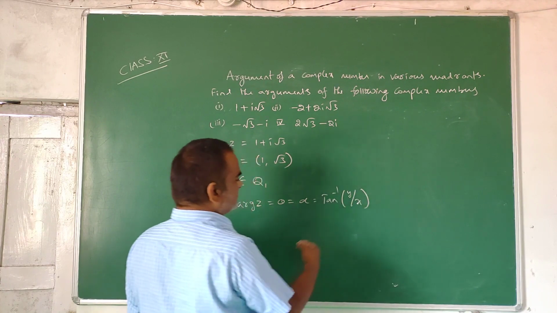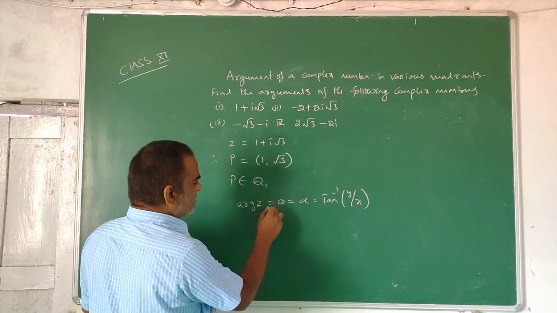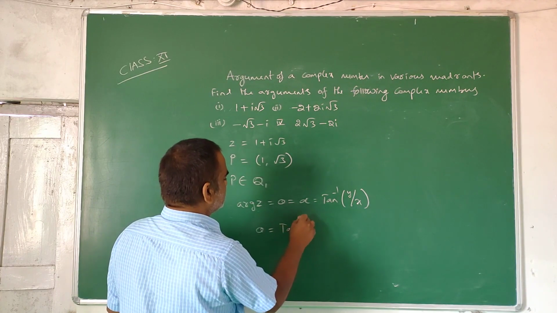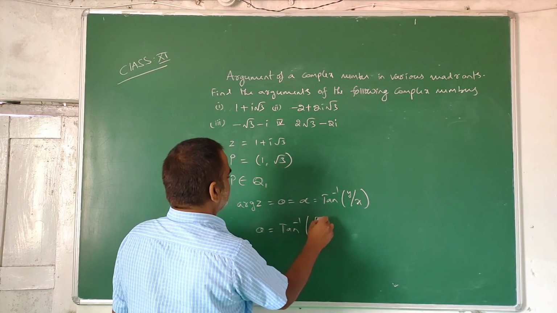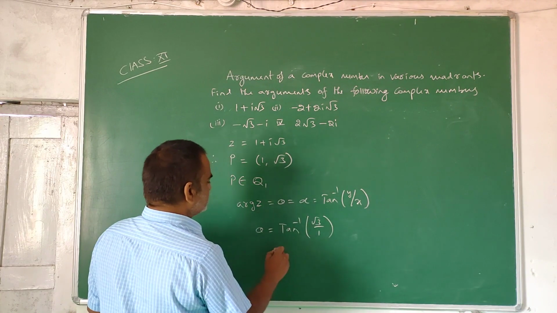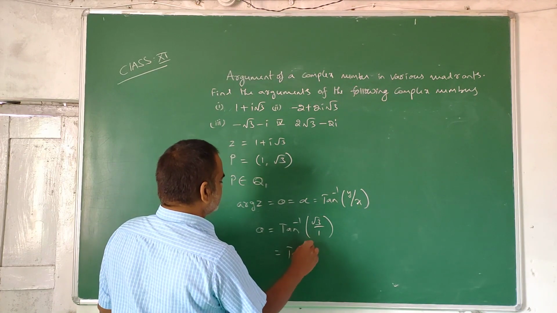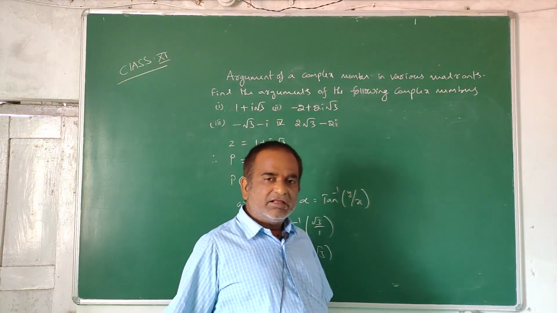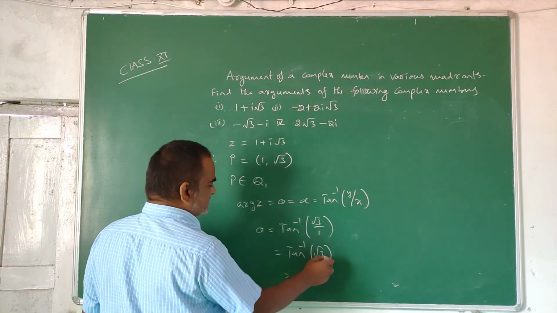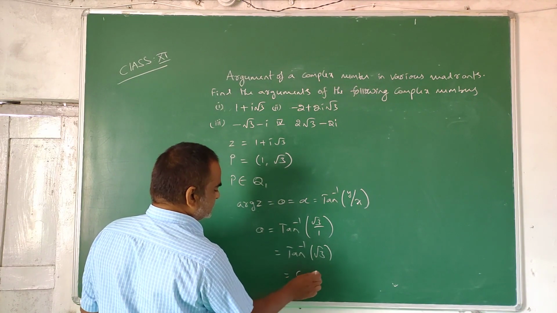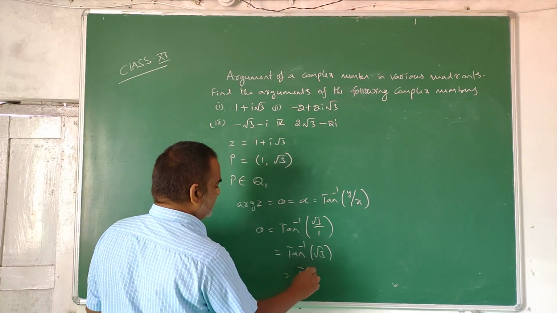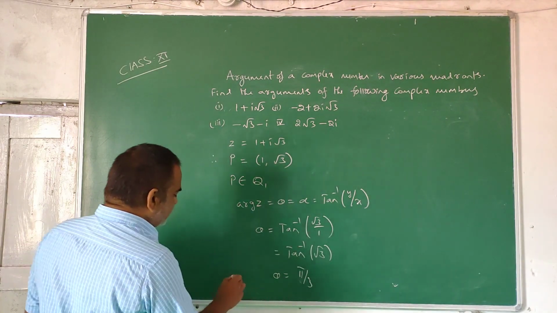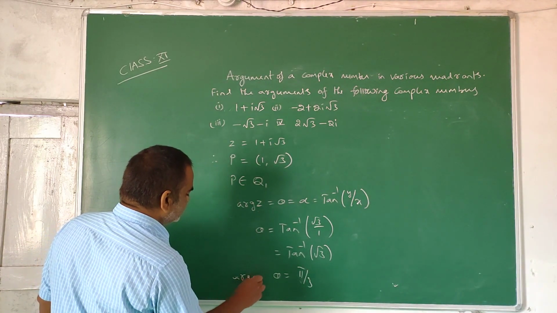We have learned this just now. So theta is tan inverse of y, root 3, by x, 1. So tan inverse root 3 is 60 degrees or pi by 3 radians. So argument of Z is pi by 3 radians.